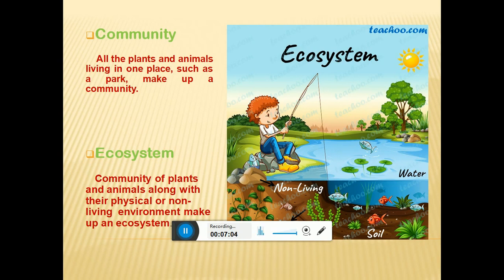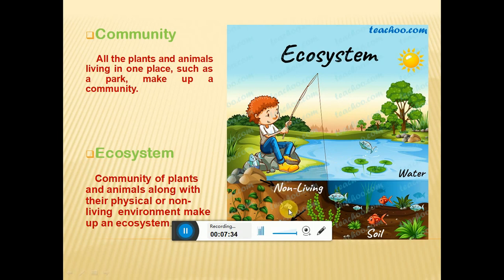And if we talk about the non-living part of this ecosystem, we can talk about stones, rocks, soil, water, and this fish hook that is carried by the buoy. So all these things are the non-living or physical part of this ecosystem.